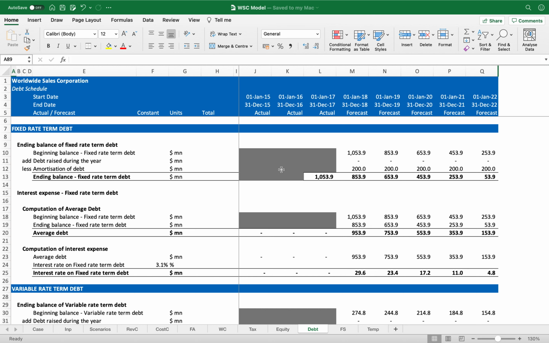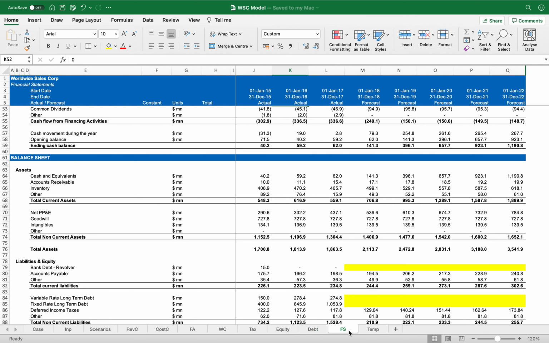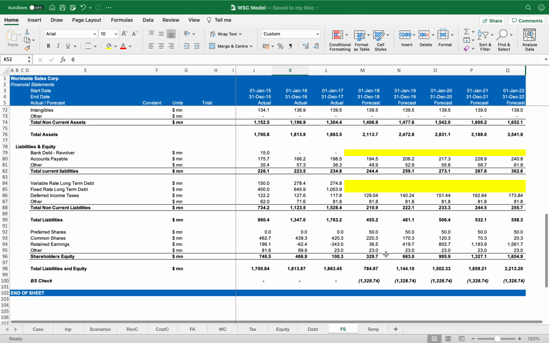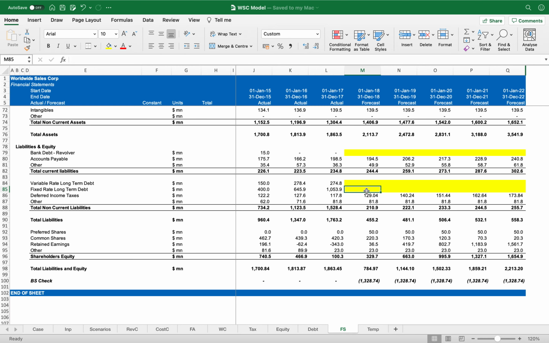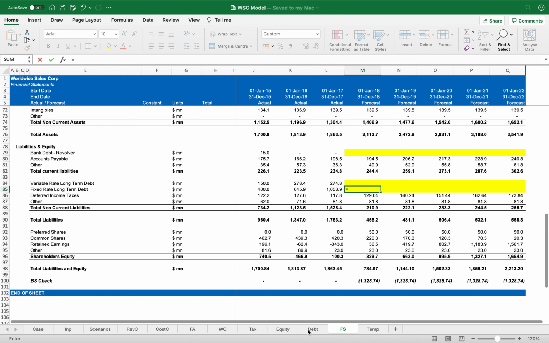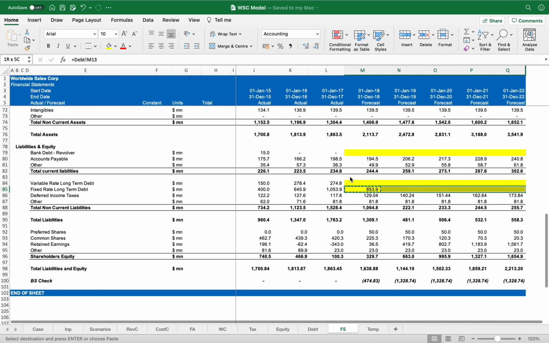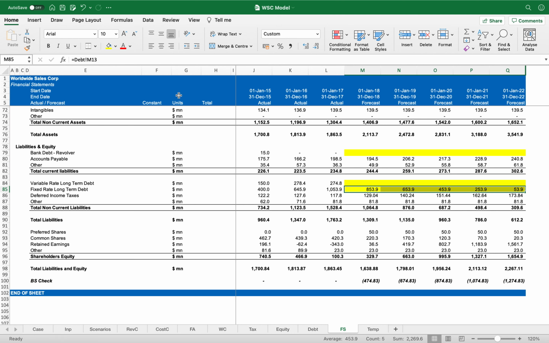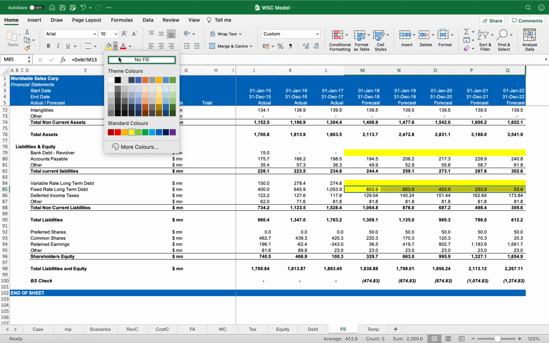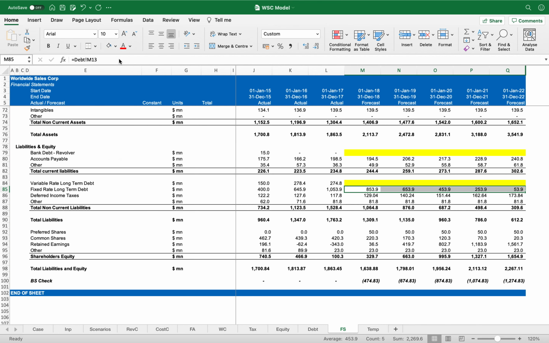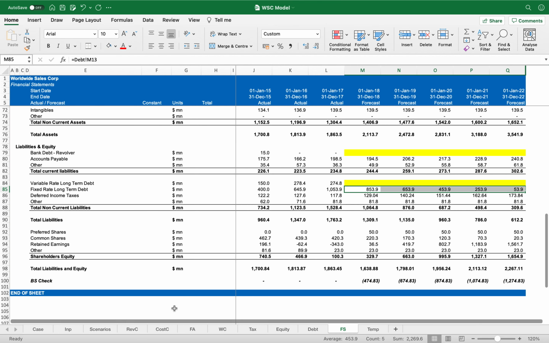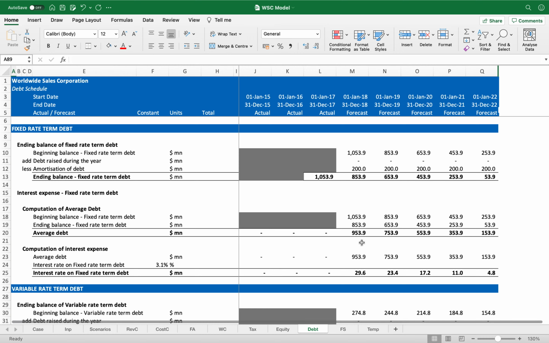Ending balance of fixed rate term debt, I can link it to the financial statements. So first thing, your fixed rate term debt, let me link it to the ending balances. Okay, so that removes your first highlighted row. Okay, let's come back to the debt.